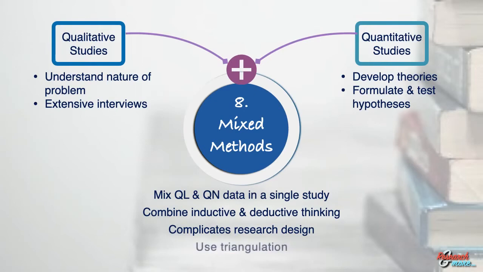A technique that is also often associated with using mixed methods is triangulation. The idea behind triangulation is that we can be more confident in a result if the use of different methods or sources leads to the same results.